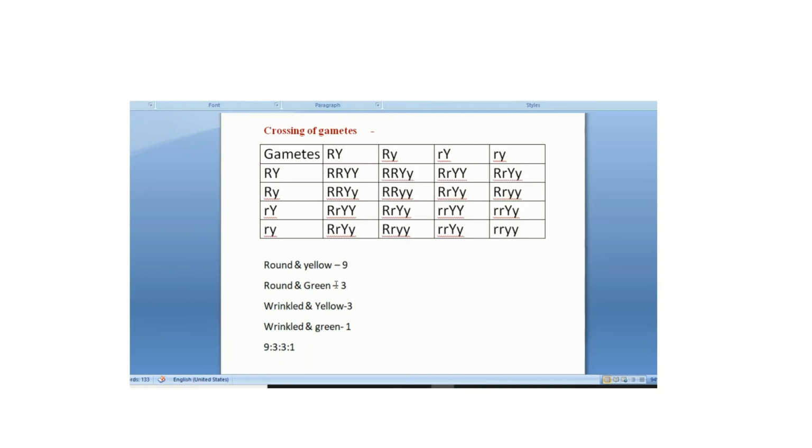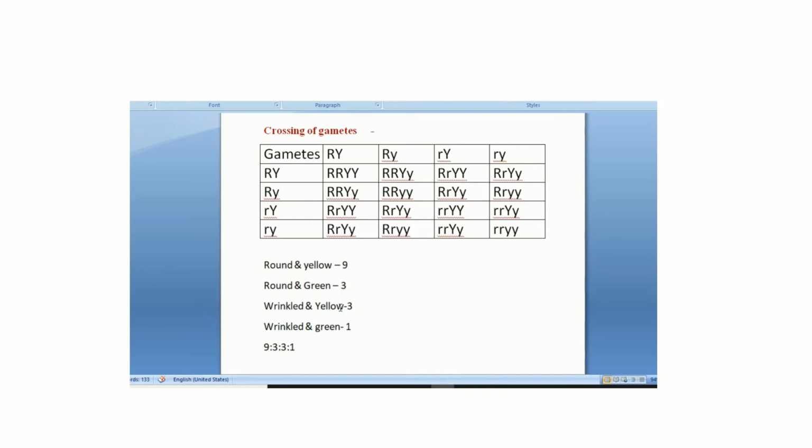Next we move on to how many round and green. First line we don't have any round and green. Second line you see 1 and 2 round and greens are there. And in the third line, any round and green? No. Fourth line we have one round and green, so we have 1, 2 and 3 round and green.